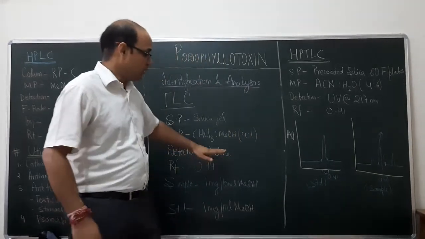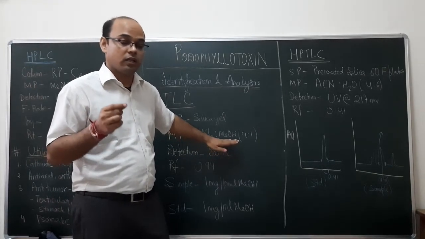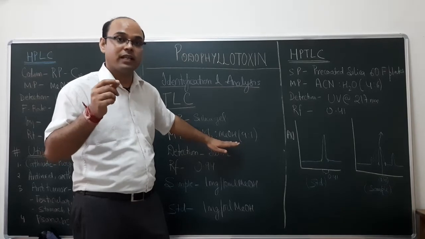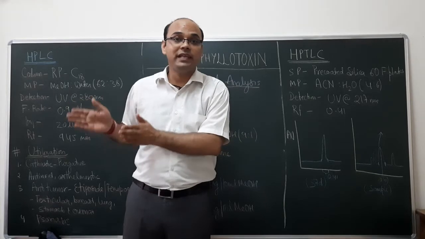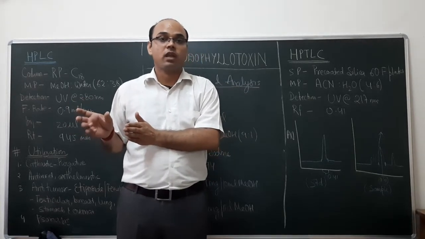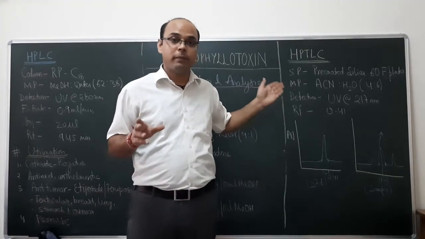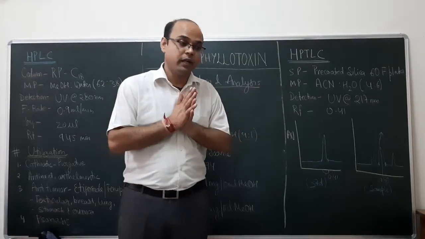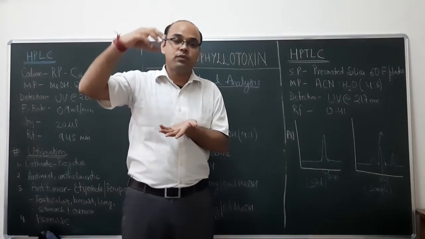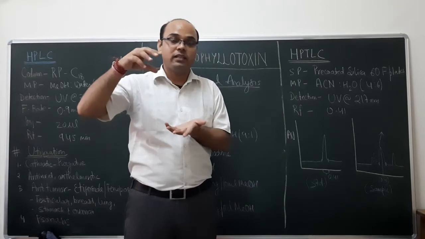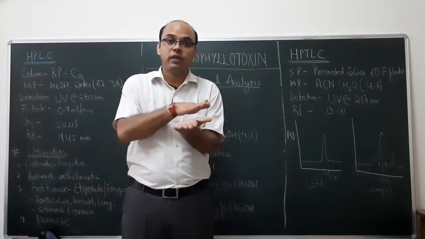In TLC we use a capillary tube to apply the spot of the sample and the standard. But in HPTLC we use a spot applicator for the application of sample and standard on the plate. It is pen-like, and you must have seen a printer, which prints one line after another.